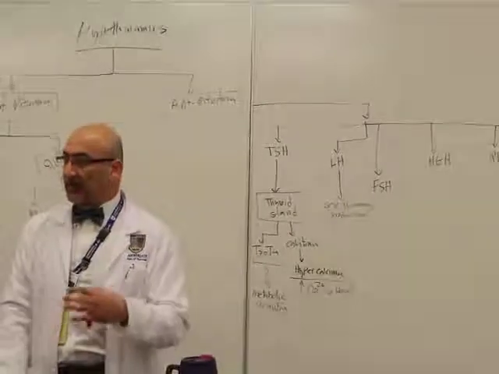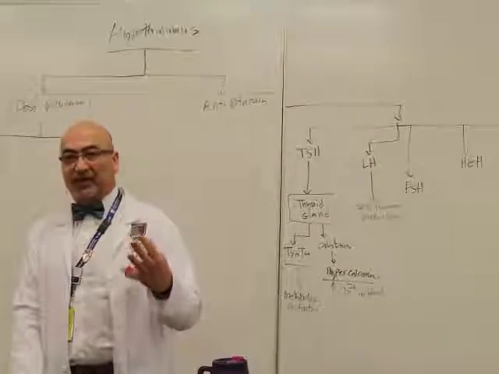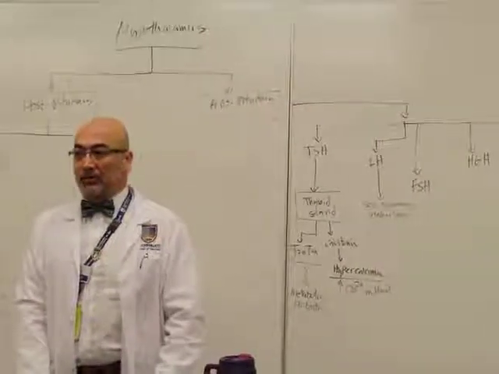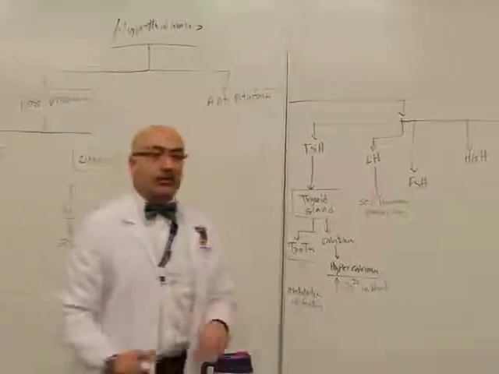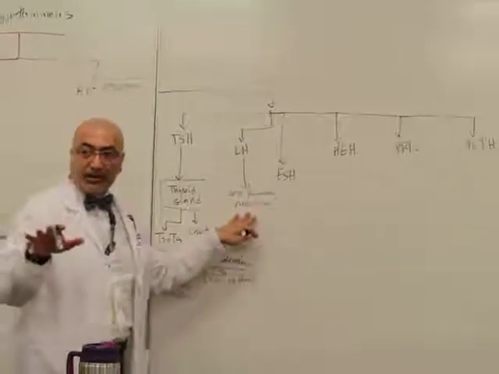Although in females it's a little bit more complex because they have menstrual cycles. So in females you get to see the role of luteinizing hormone involving ovulation and menstrual cycles. So it's a little bit different than males, but they have similar properties and functions.